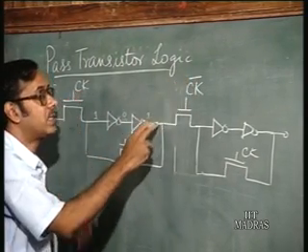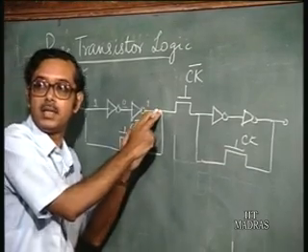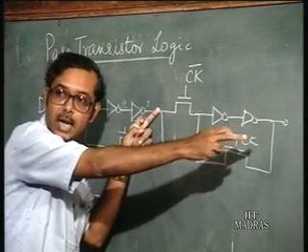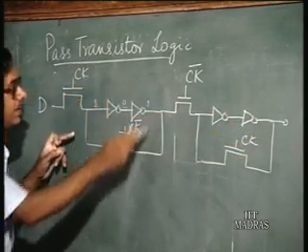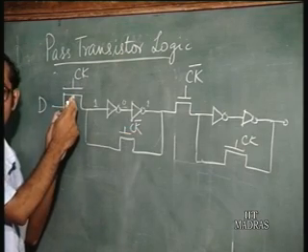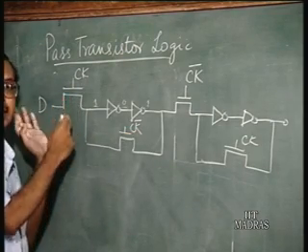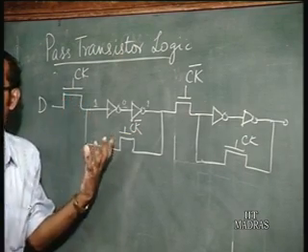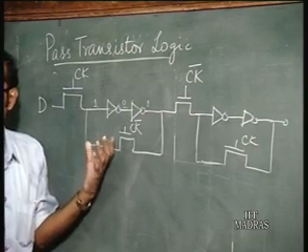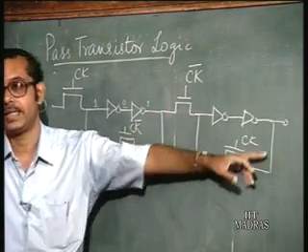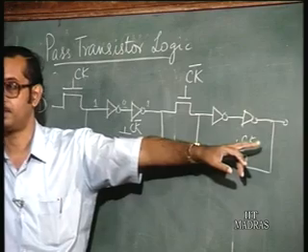Whatever is retained here is passed on to the output, but after that instant this clock is off, so the input will have no further effect on the output, and whatever was here is going to be retained at the output of the flip flop.